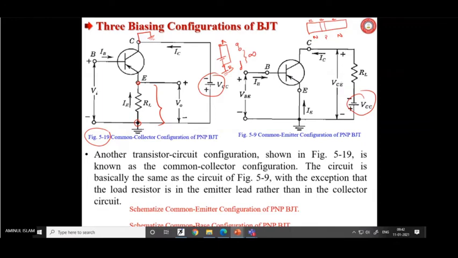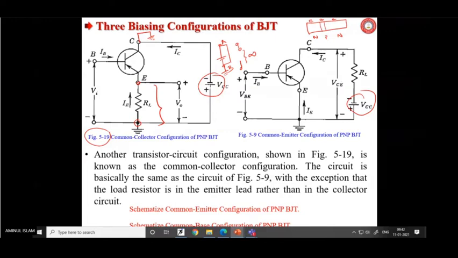In one semester you have studied mainly this kind of thing. Emitter base will be forward biased and base collector will be reverse biased. Base emitter junction is to be forward biased and base collector junction is to be reverse biased for its proper operation. Very good. Who is that boy? Himanshu. Good. So you are recollecting certain things.